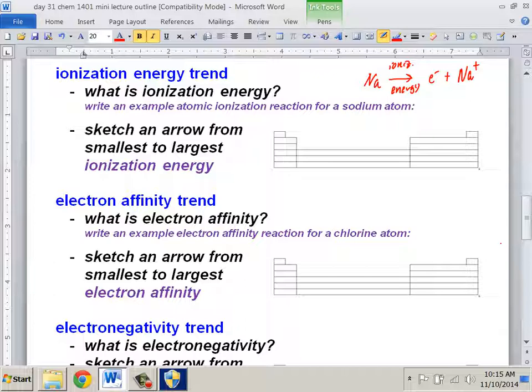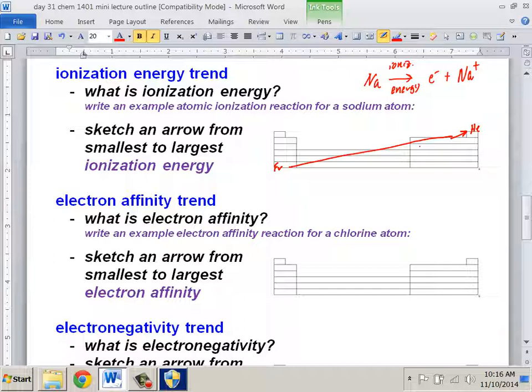Before, we said that francium was the biggest and helium was the smallest, and our trend line pointed to francium. Now we're supposed to point the trend line towards the largest ionization energy. Well, it should point towards what then? Helium. So have it point up there and start at francium. If you can draw straight, that's better. Okay.